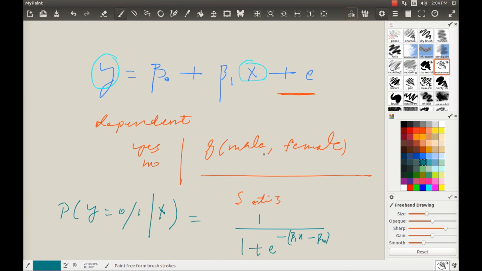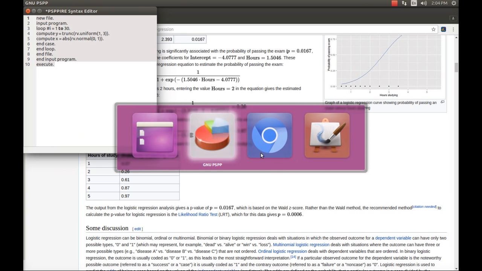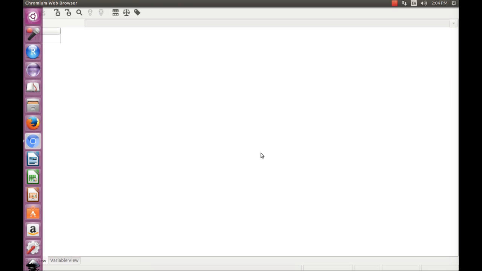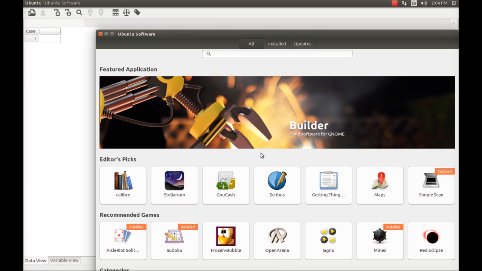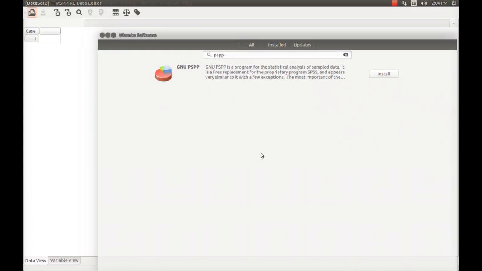We need not do all these things manually, because we have a wonderful software called PSPP. Especially if you are an open source expert like a Linux user, then you can install PSPP by going to the software center and start doing the analysis.